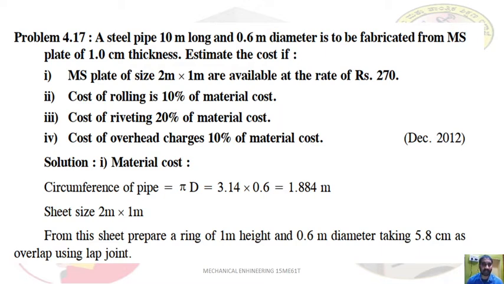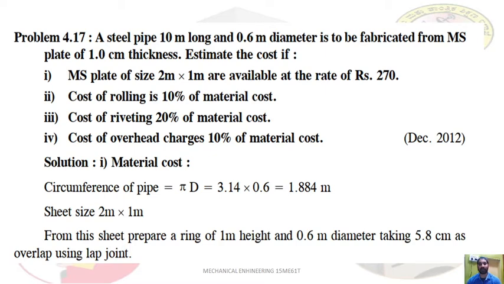The diameter is 0.6, so 0.6 into 3.14 is 1.884, which is the width of the sheet while developing, and the length is 10 meter long.